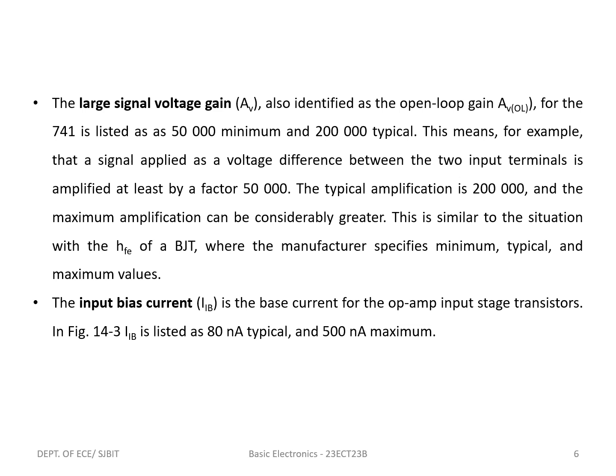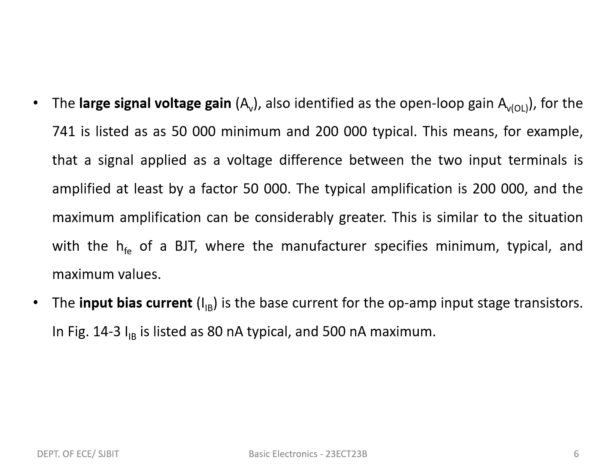The typical amplification is 200,000 and the maximum amplification can be considerably greater. This is similar to the situation with the hFE of a BJT, where the manufacturer specifies minimum, typical and maximum values. The input bias current IB is the base current for the op-amp input stage transistors.